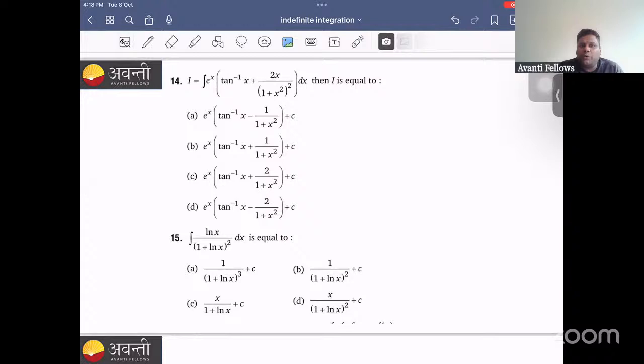Or students who have marked C as the correct answer? Anyone? Four students have marked C as the correct answer. Who are they? Okay, so nobody is ready to speak. No problem. I'll do it.